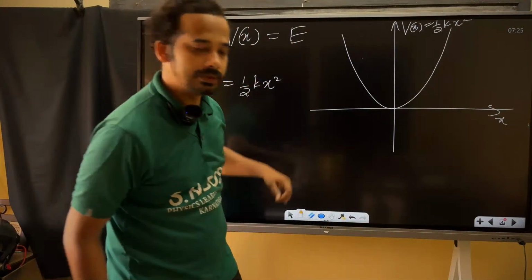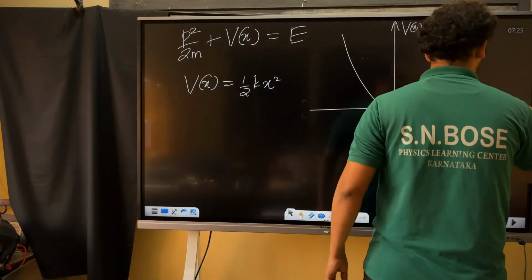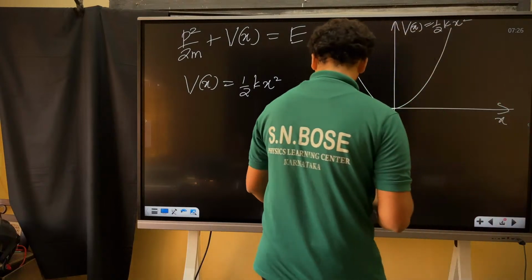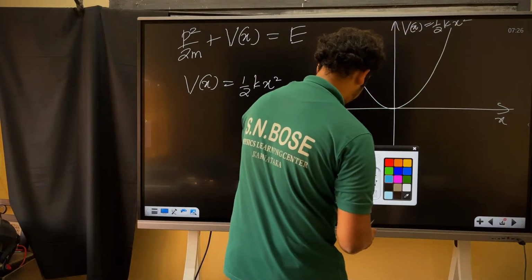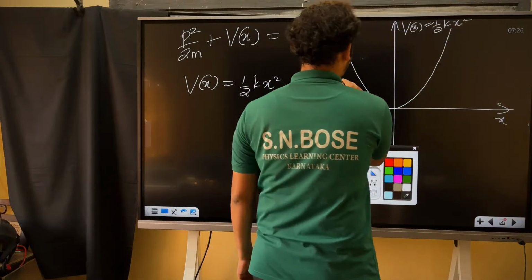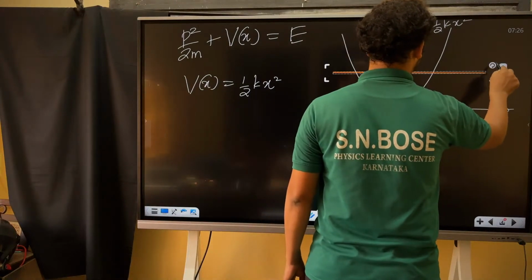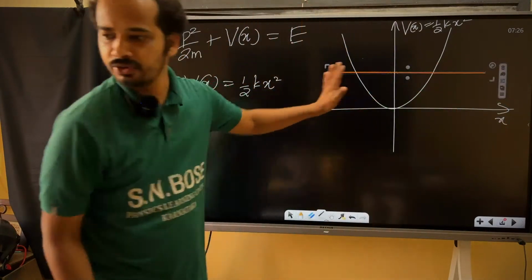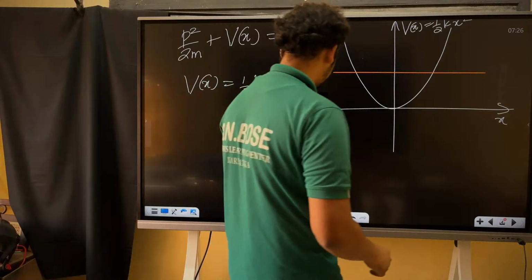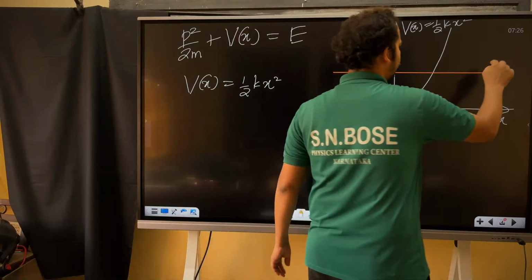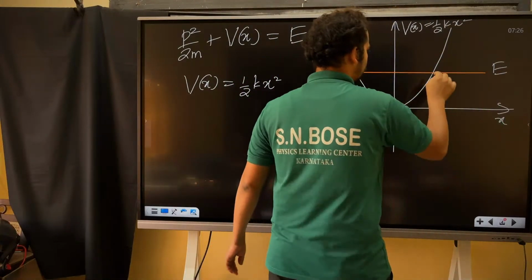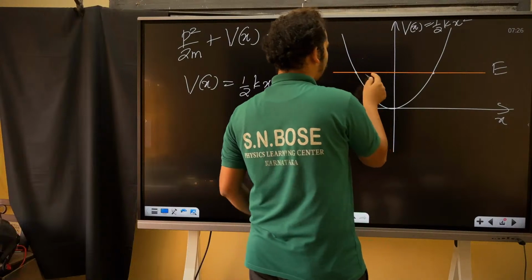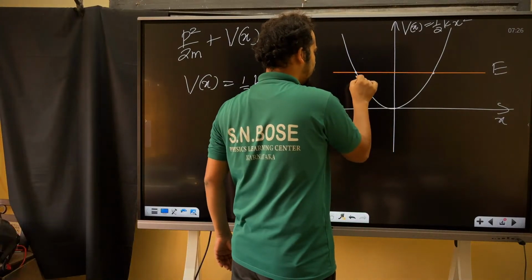That energy we prefer drawing on the potential curve. Assume that the potential curve is symmetric. If this is the energy of the system, then look at here. These are its extreme positions where energy equals potential energy and kinetic energy is zero.